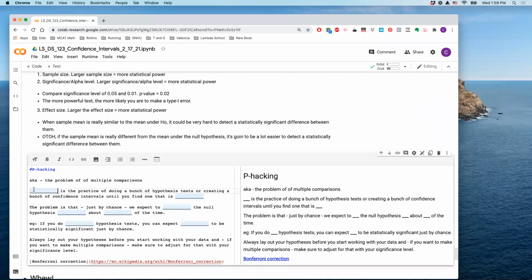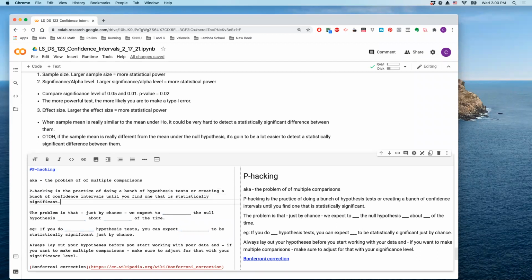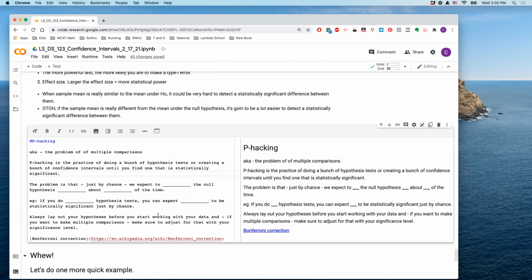So p-hacking is the practice of doing a bunch of hypothesis tests or creating a bunch of confidence intervals until you find one that is statistically significant. Because the problem is, just by chance, we expect to reject the null hypothesis incorrectly about 5% of the time.